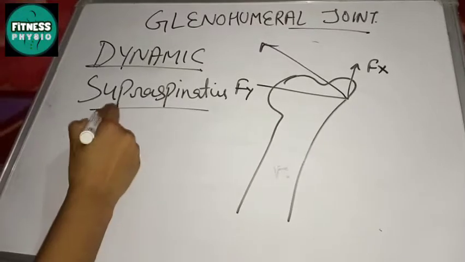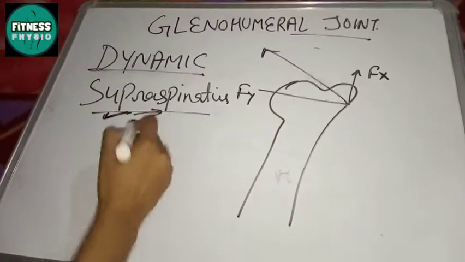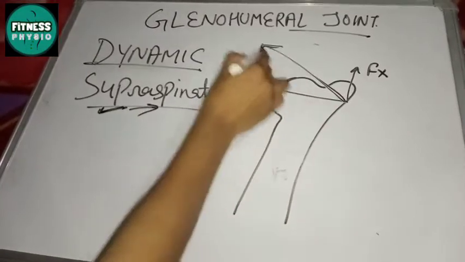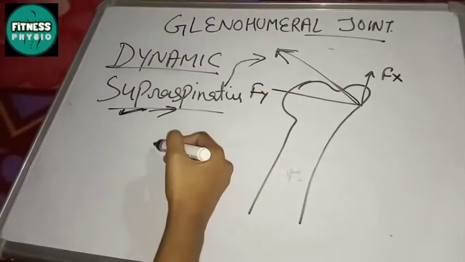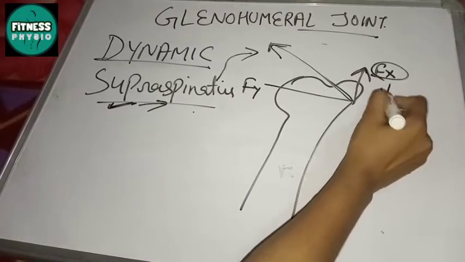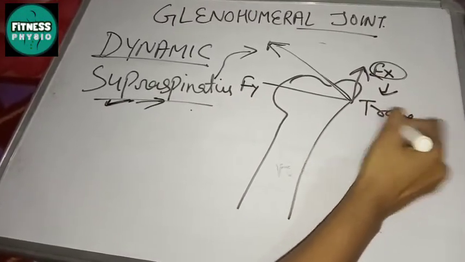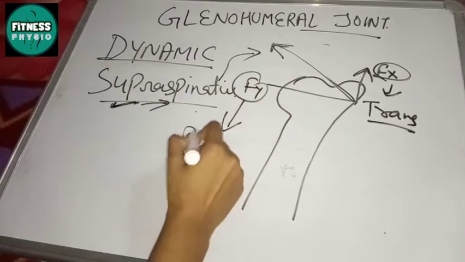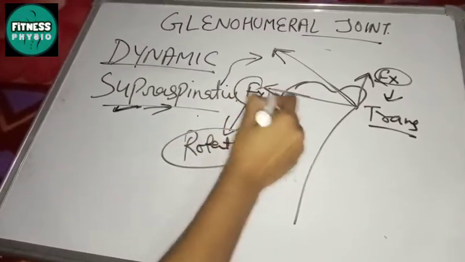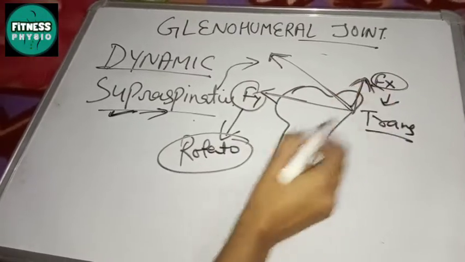So let's see the supraspinatus resultant force individually. This is the resultant of your supraspinatus muscle. Its fx is the translatory component and fy is the rotatory component. This rotatory component is much larger than the translatory component.